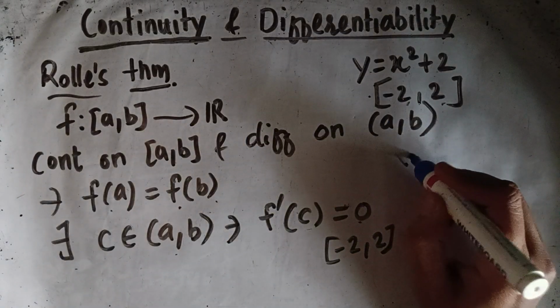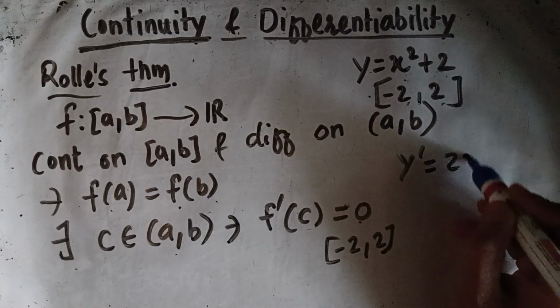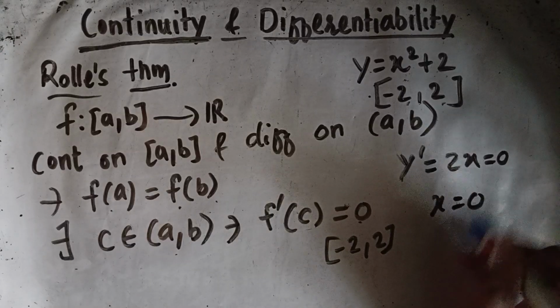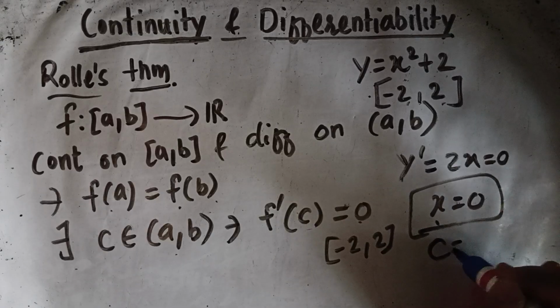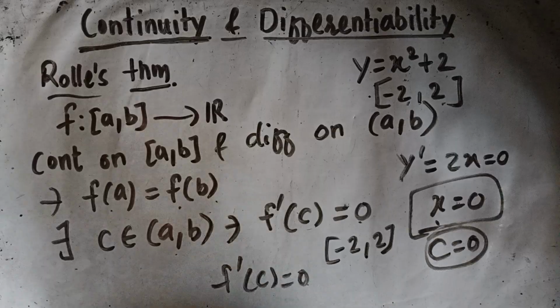So if I take y dash, that is derivative of this, it is 2x. When will it be 0? When x is equal to 0. So our c value is 0. So f dash of c is 0. So Rolle's theorem is true for this function.